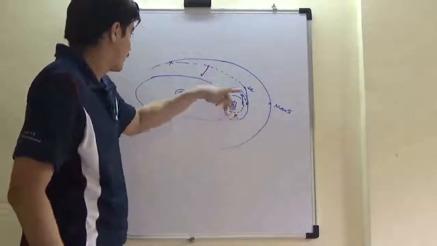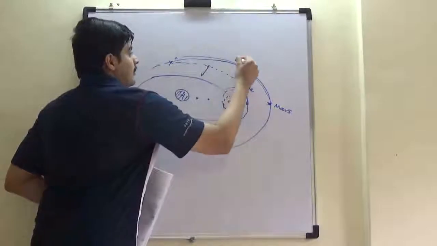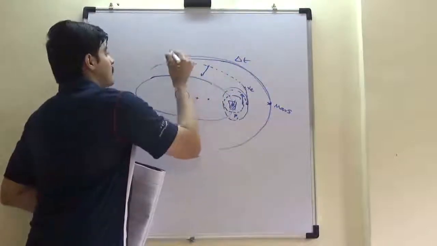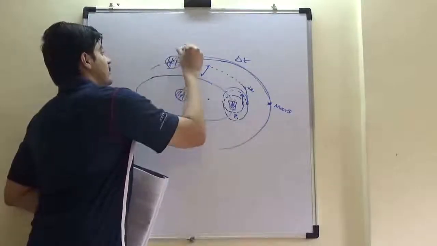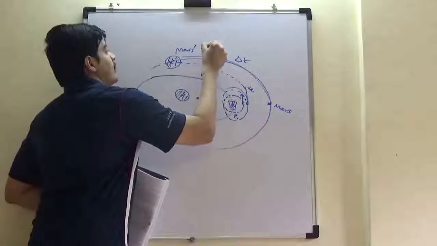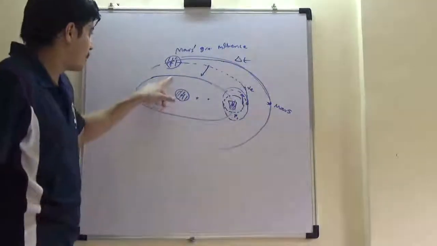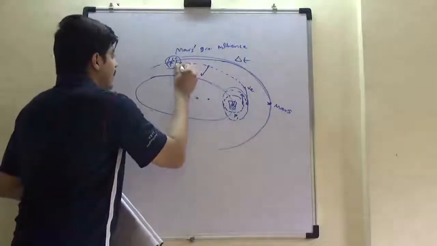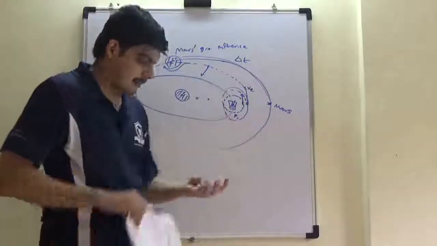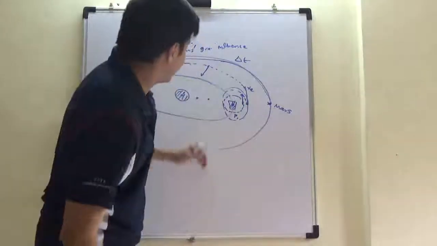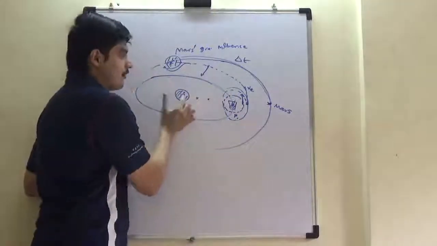You getting this? By that time you have calculated precisely that in delta t Mars would come nearby. As soon as it reaches Mars's gravitational influence, it will break apart from this Sun orbit and will get captured into Mars orbit. So what you have done is you have incrementally transferred between this orbit and this orbit by taking advantage of the Sun's gravitational field.